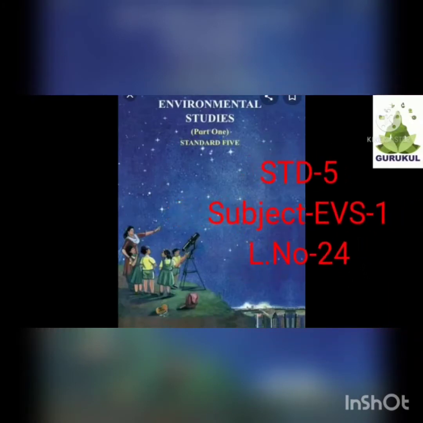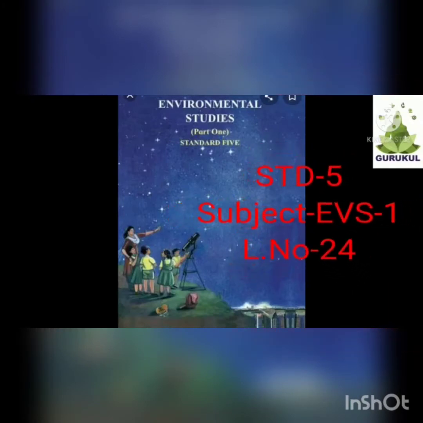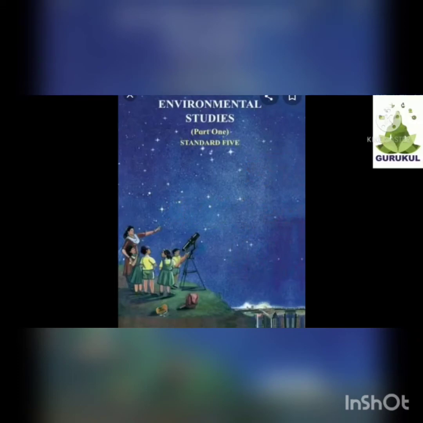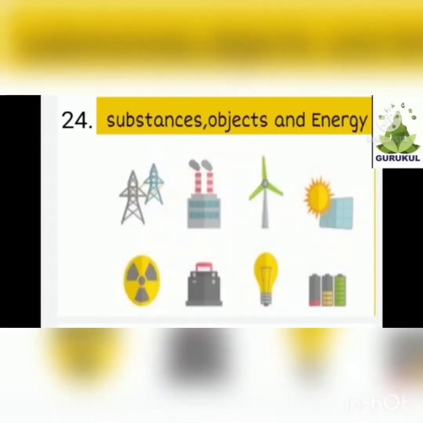So, we will start a session from EVS 1 subject and we will continue lesson number 24, that is substances, objects and energy. Okay. So, every one of you, please open your EVS 1 textbook and go to page number 129. Okay.